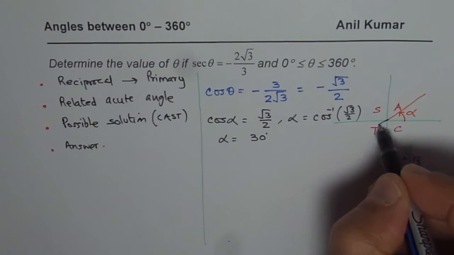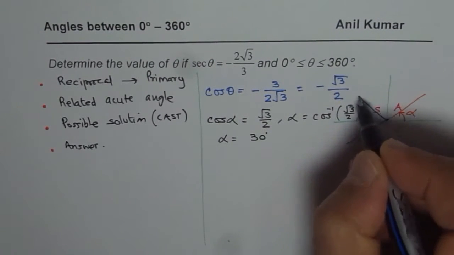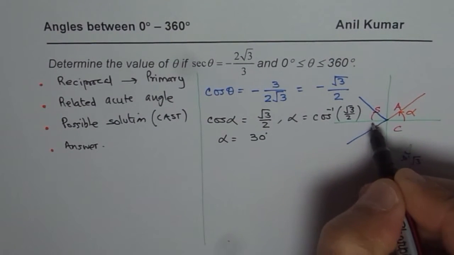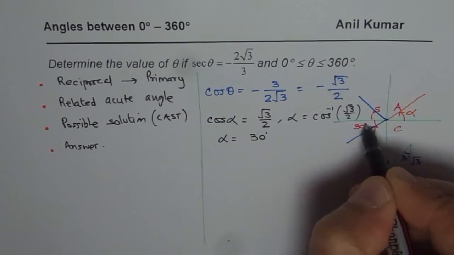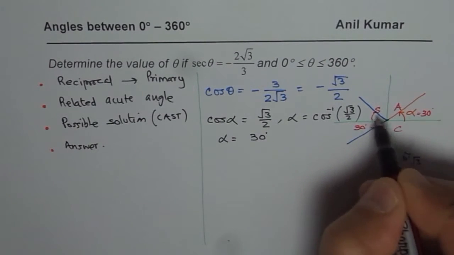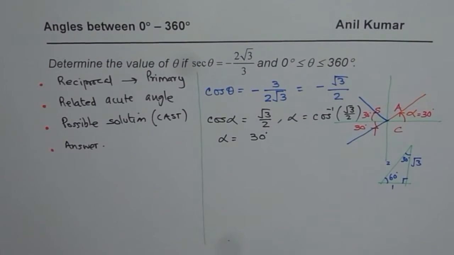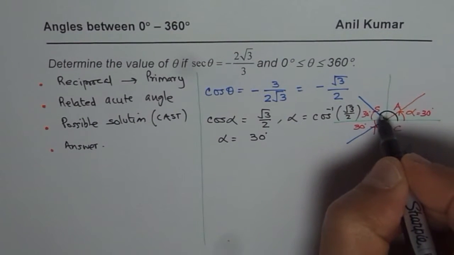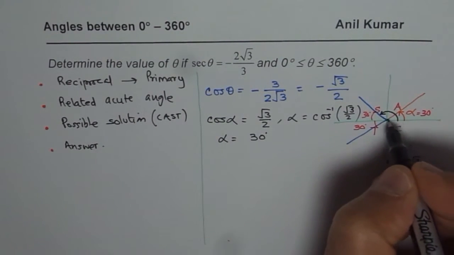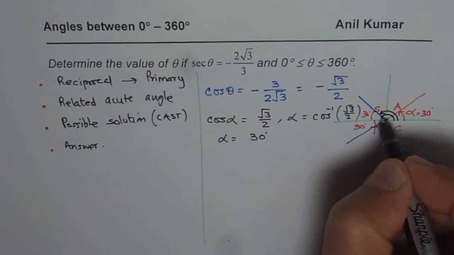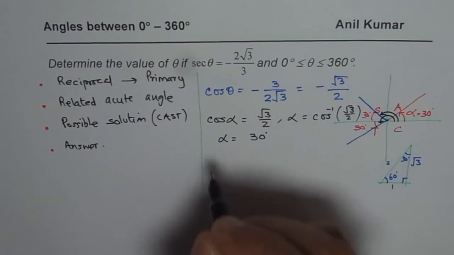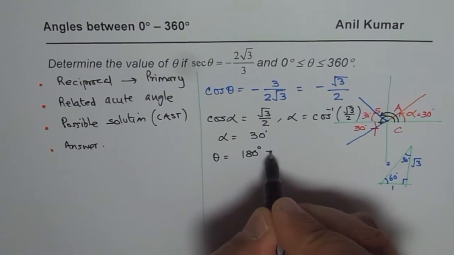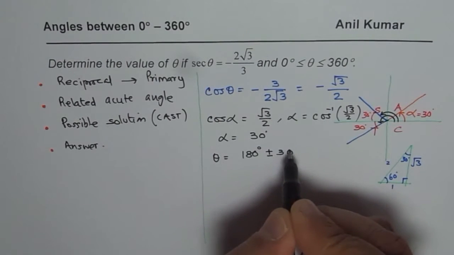So we are looking for the acute angle alpha in quadrant 2 or 3. We just calculated alpha equals 30 degrees, correct? Since this is 30 degrees, we can now write down the principal angle theta. So theta will be 180 minus 30 or 180 plus 30. So we can write theta equals 180 degrees plus or minus 30 degrees. Is that okay?